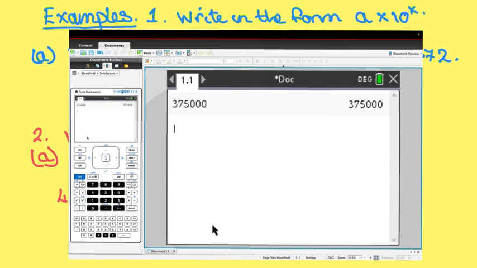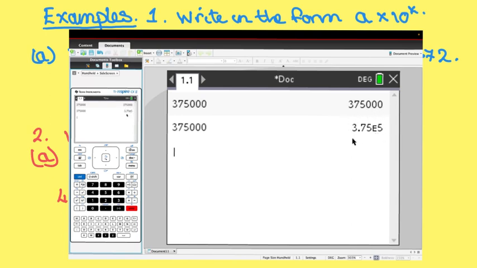Now if I type in 375,123 and enter, it gives it me in standard form. Not solely recognizable at the moment, but that does stand for 3.75 times 10 to the power of 5. The E stands for times 10 to the power of 5. This format would never be used in an exam or in a maths IA. You must write that as 3.75 times 10 to the power of 5.